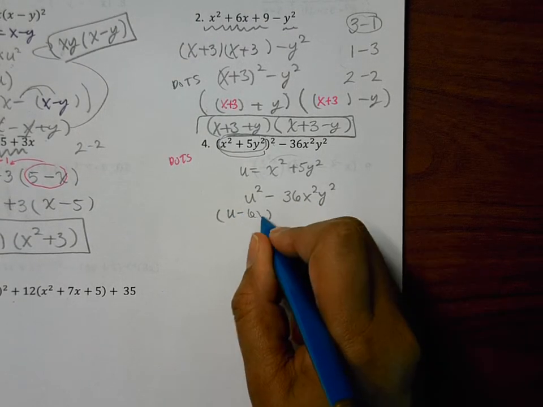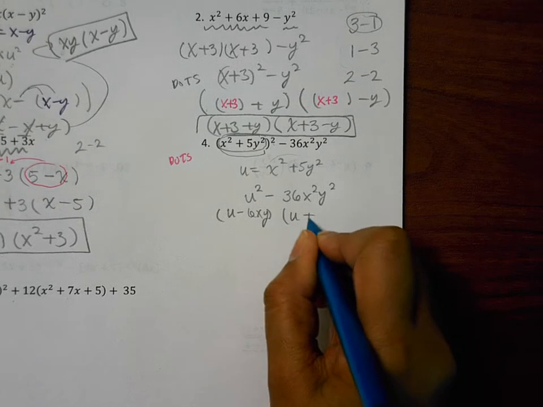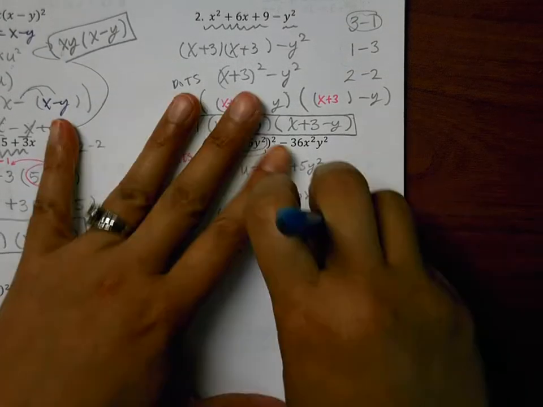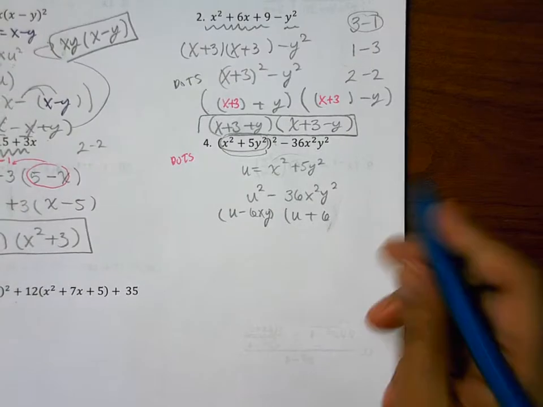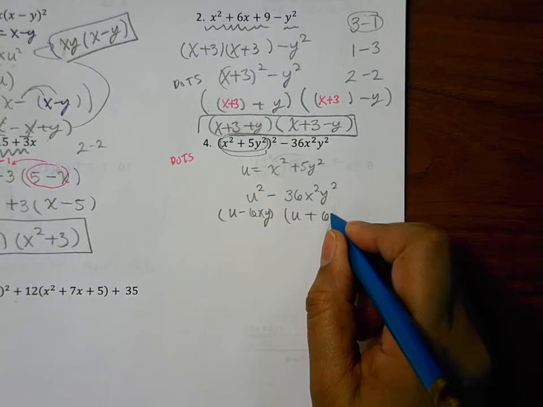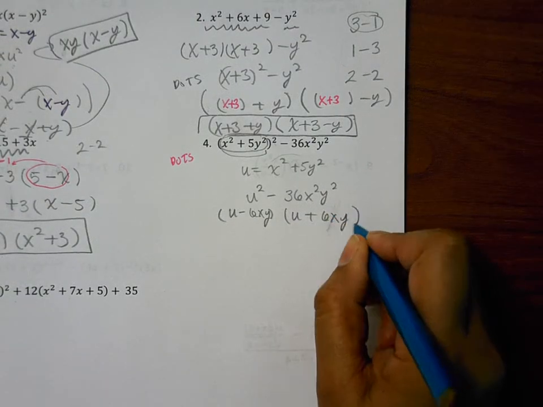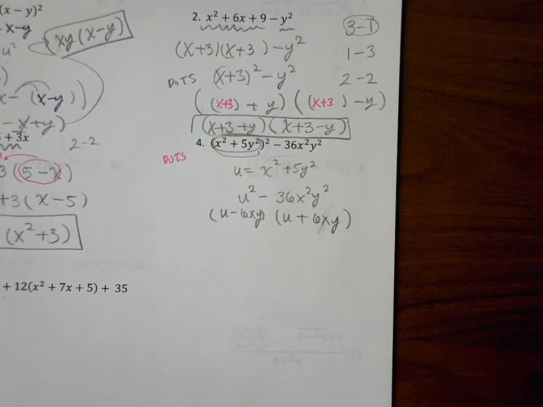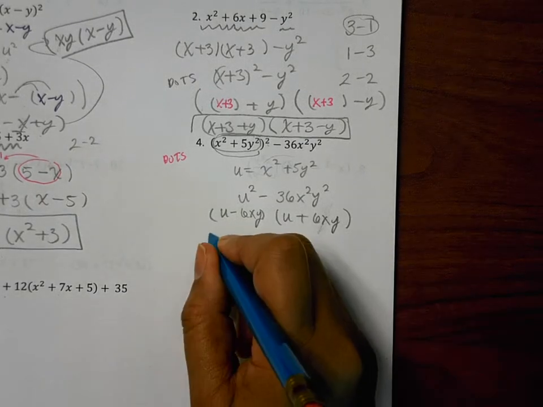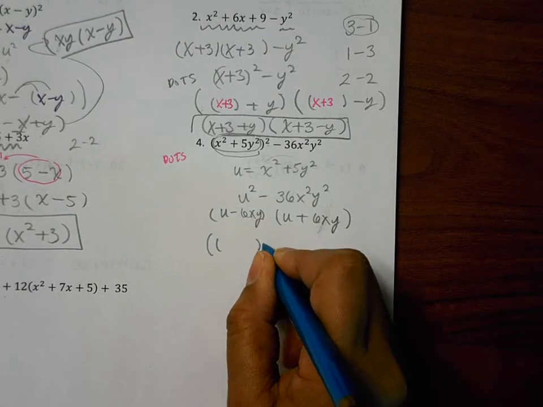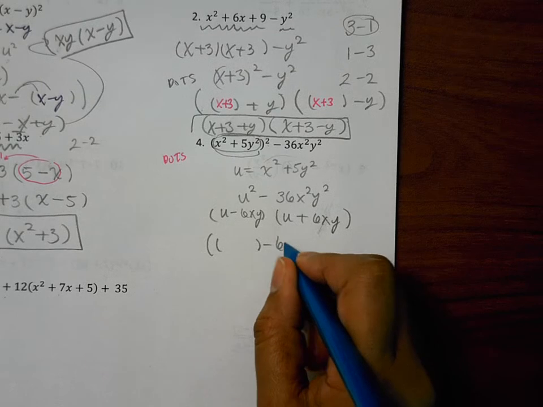U minus xy and then u plus xy. Do you guys agree with her? Okay, she said u minus 6xy and u plus 6xy. Is that correct? Okay, if I stop here, why would I get it wrong? Yeah, I just substituted that.